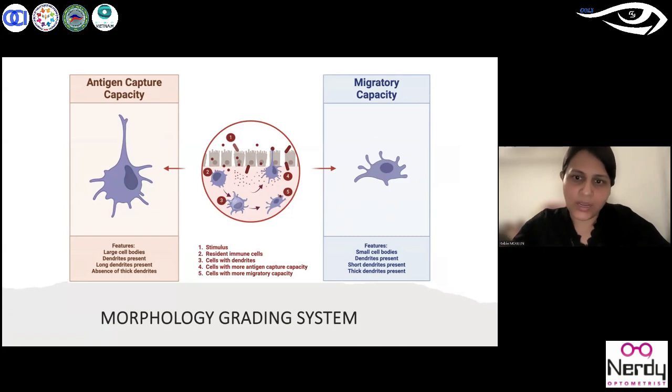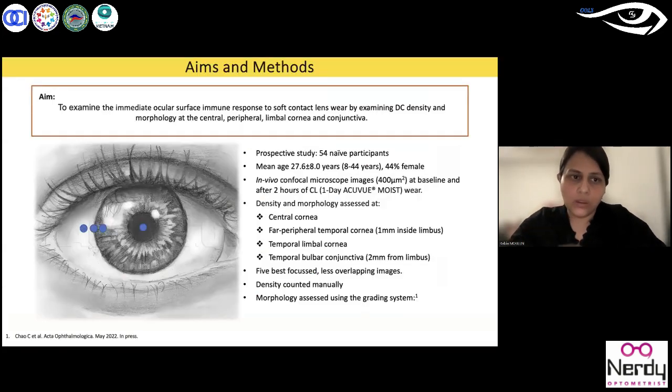Now we want to apply this morphology grading scale and their density to examine the immune response of the cornea or the eye. In our first study, we aimed to examine what happens as soon as you put a soft contact lens on the eye. This is important because we already know that soft contact lens wear is inflammatory. It activates the immune response of the eye in terms of tear inflammatory markers.